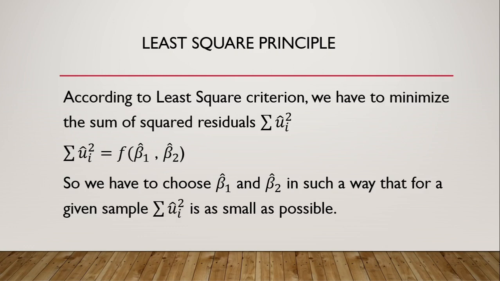So we have to choose beta 1 hat and beta 2 hat in such a way that, for a given sample, sigma ui hat square is as small as possible. We want to make the sum of the squared residuals as small as possible.